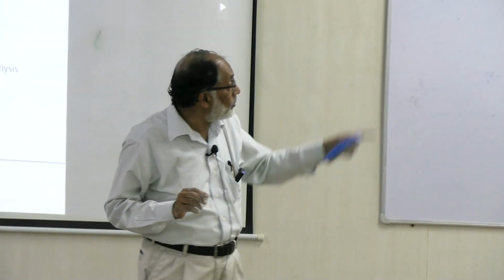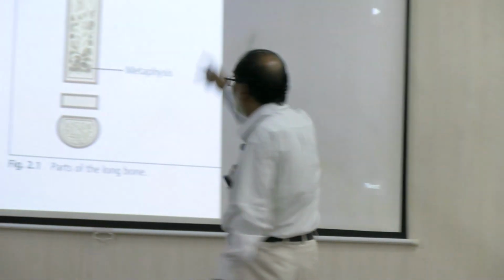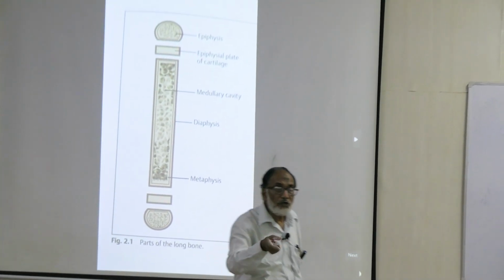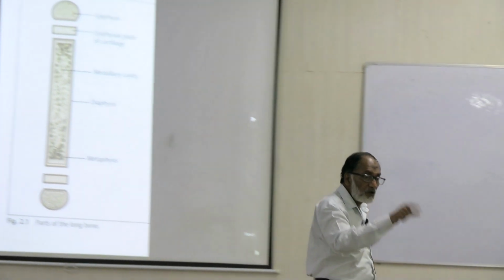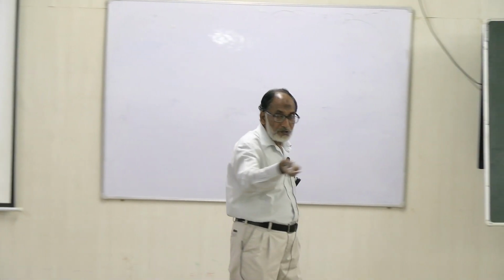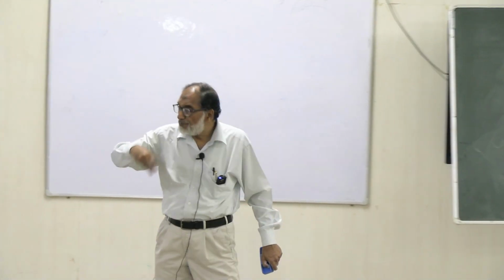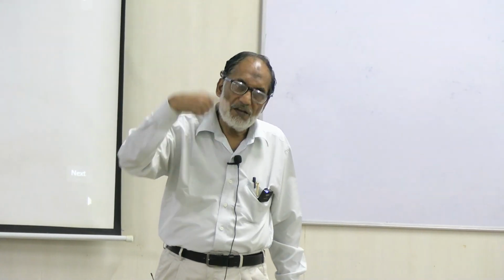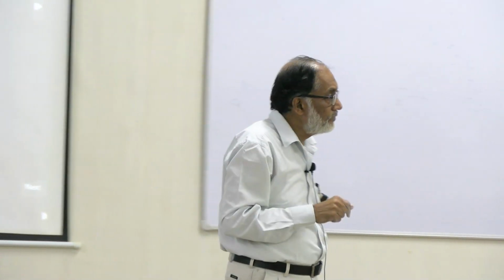The diaphysis develops before birth, so we say it develops from the primary center of ossification. Whenever I call it primary, you should think that it is before birth. There are some exceptions, I will come to this later.